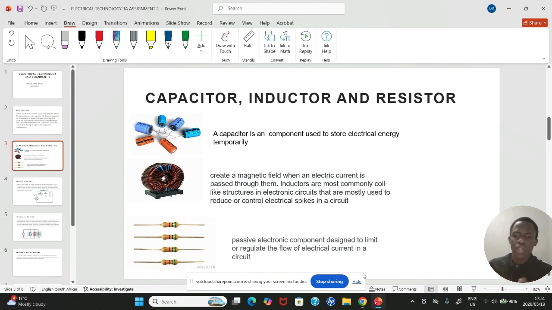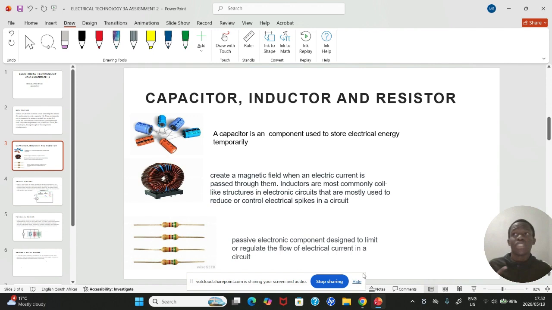The second one is an inductor, which creates a magnetic field when an electric current is passed through it. It is a coil-like structure commonly used in electronic circuits, mostly to reduce or control electric spikes in a circuit.